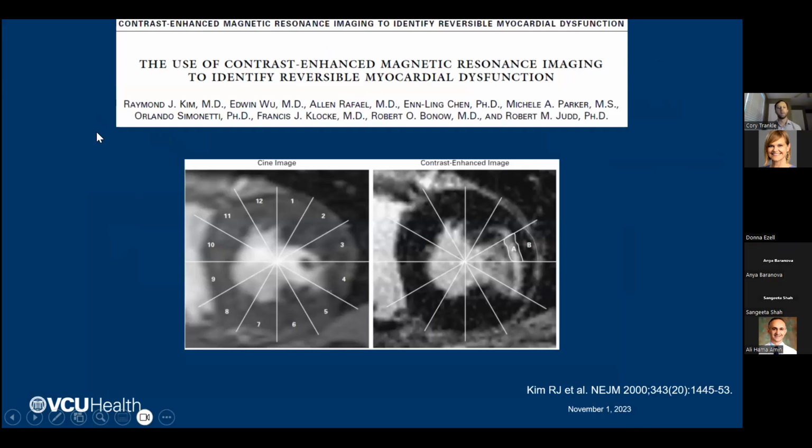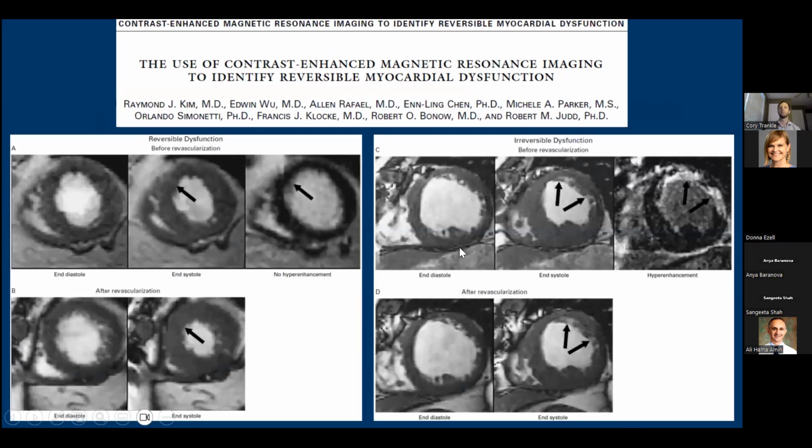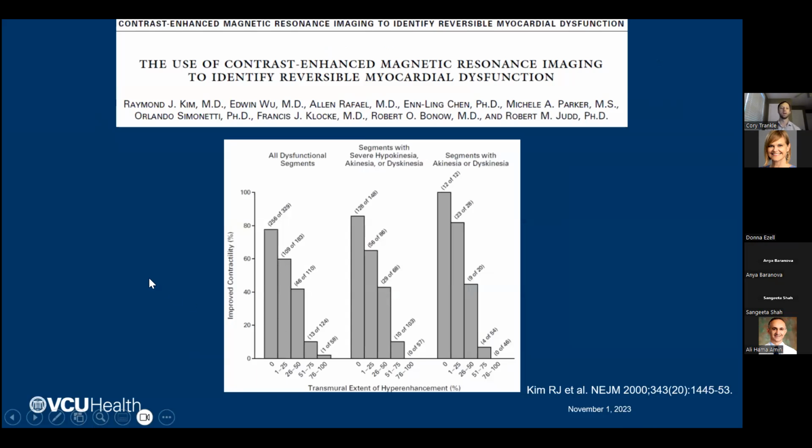And then as Dr. Hunley referenced recently, the extent of late gadolinium enhancement forms the basis of much of our viability assessment. So again, he went through this, where if you look at the area affected by late gadolinium enhancement and the area not affected, that has normal myocardial signal, and you take the ratio of those areas segment by segment, you can predict, if you revascularize them, which segments might be likely to recover segmental systolic function.